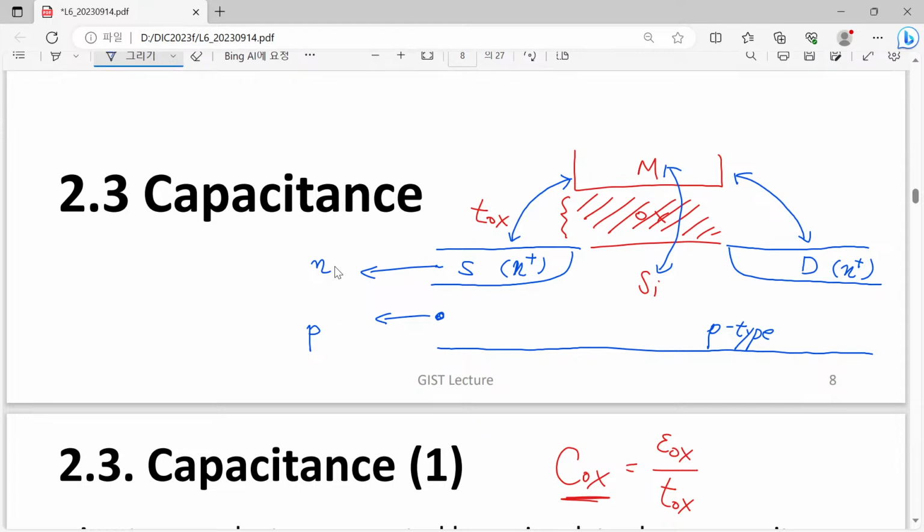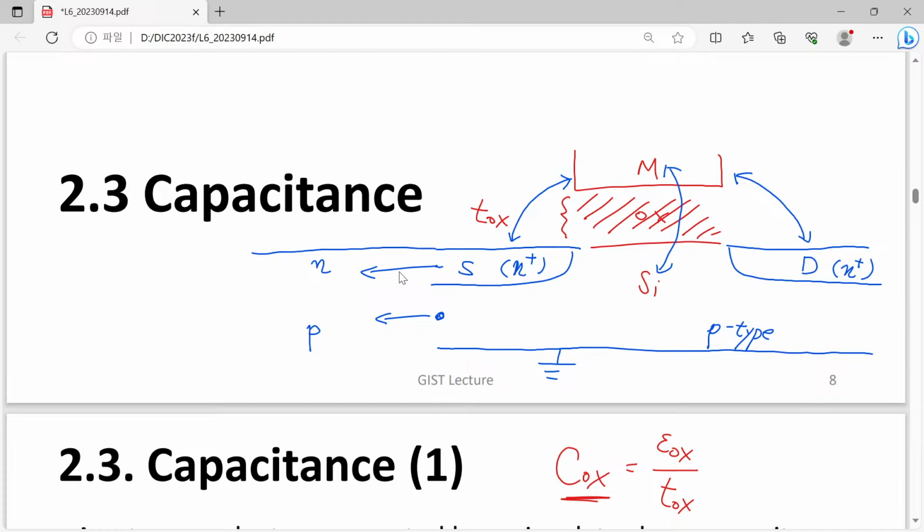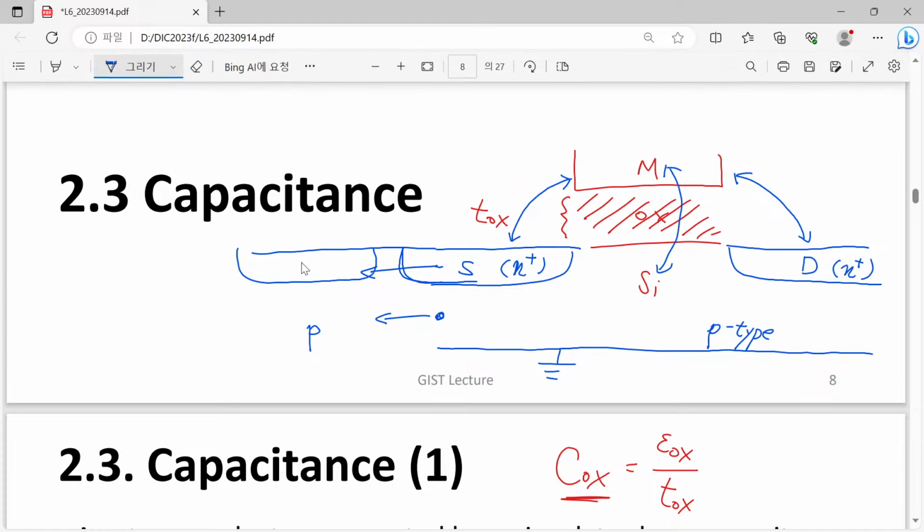And what is the bias condition between this source and substrate? Usually the substrate is grounded. How can you make a ground? Usually, in a realistic case, here we have the N diffusion for this source, and here we have another one like a P plus region, and this part is called a tap.